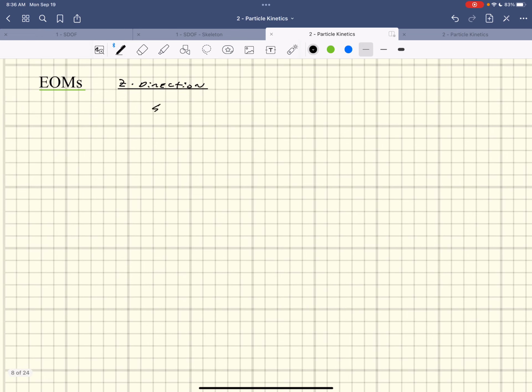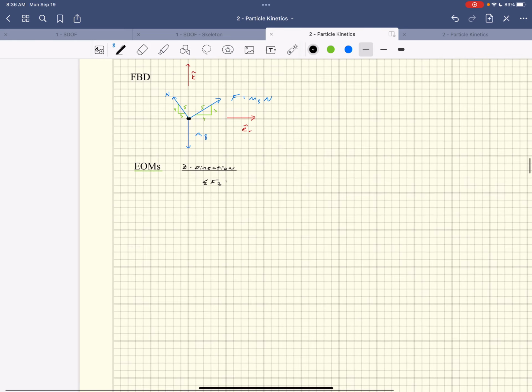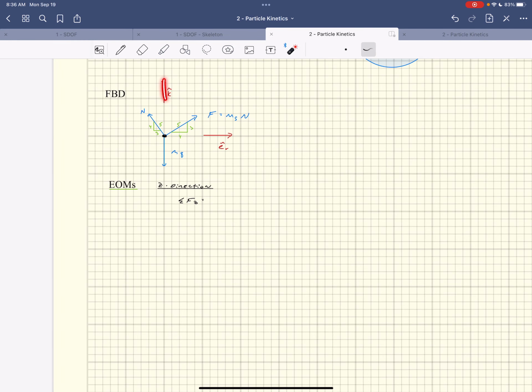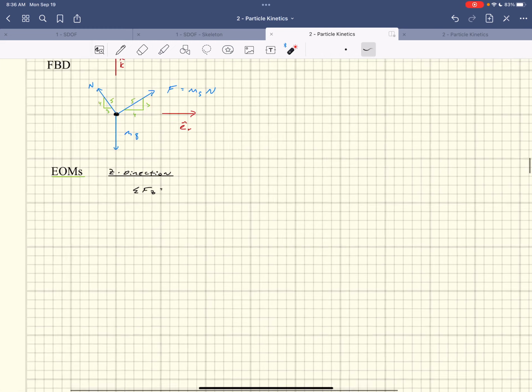We get the sum of the forces in the Z direction is equal to, so the Z direction is going this way, right? So we've got a component of the N, a component of the friction, and mass times gravity. You have all 3 of those components. So we should have 3 components in our sum of the forces in the Z direction.